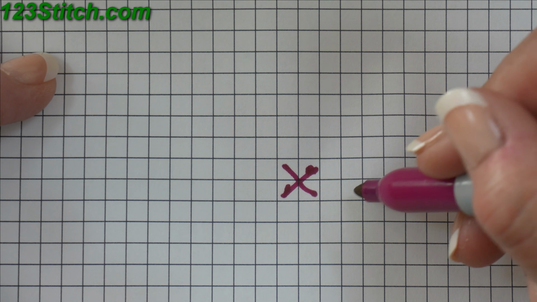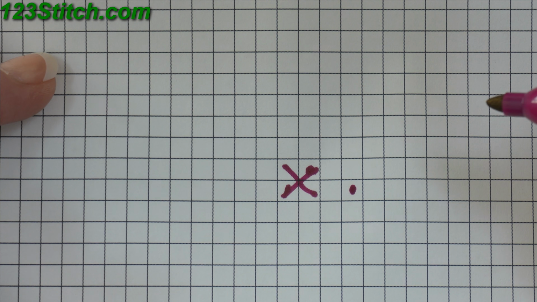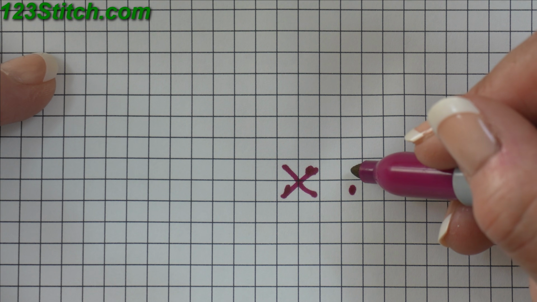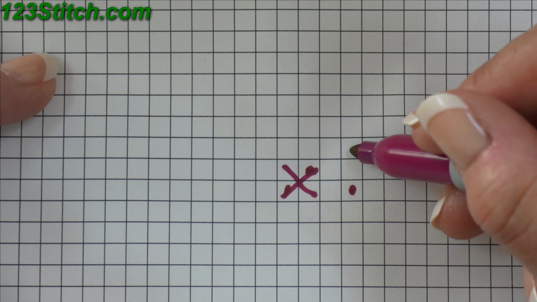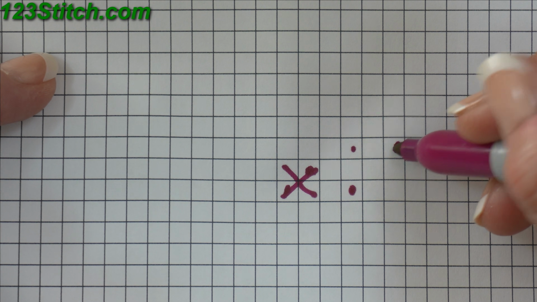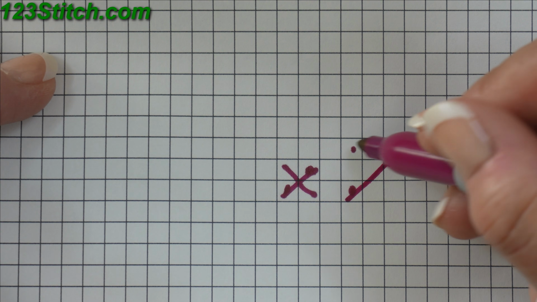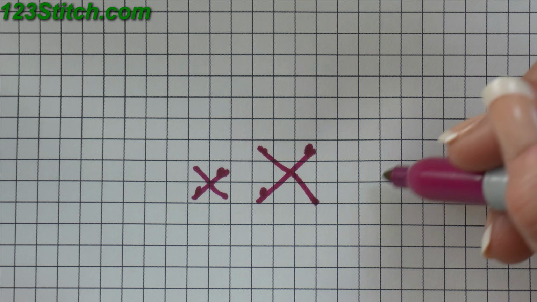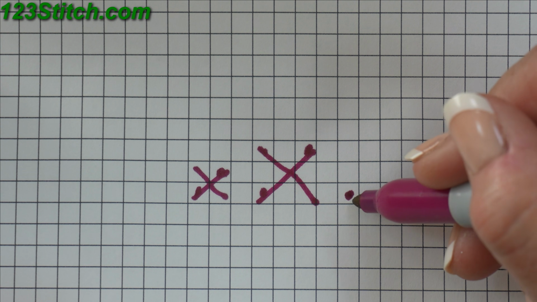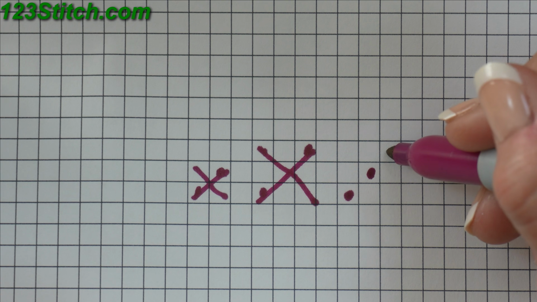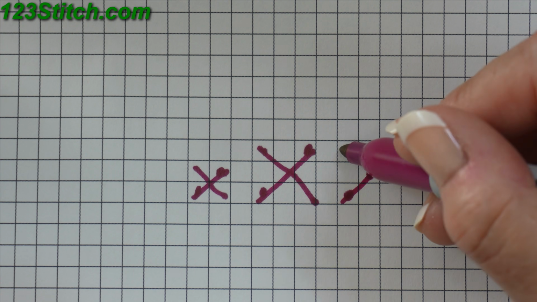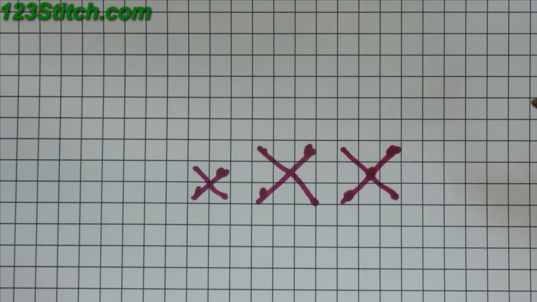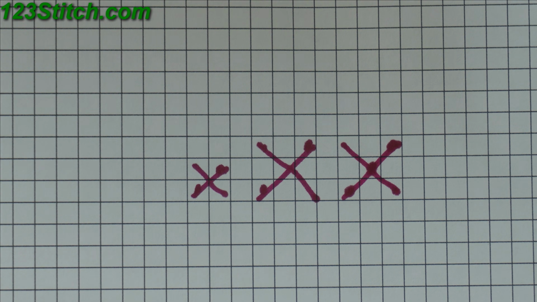To stitch over 2 threads, I'm going to bring my needle up in one hole. I'm going to count up 1, 2 threads, over 1, 2 threads, and bring my needle back down again. That's stitching over 2. But if it makes it easier to count, we can bring our needle up and then count diagonally 1, 2. That's how you do it. But let's look at it on fabric to see what that looks like.